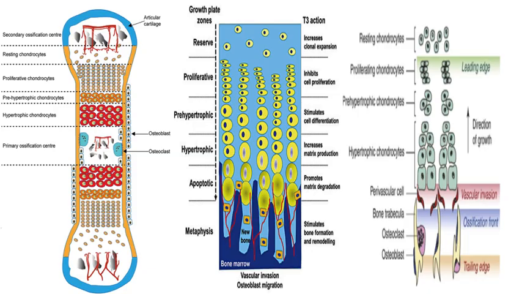So you gradually have apoptosis, hypertrophy, and so on. This direction is the reverse of what we have in the long bone.